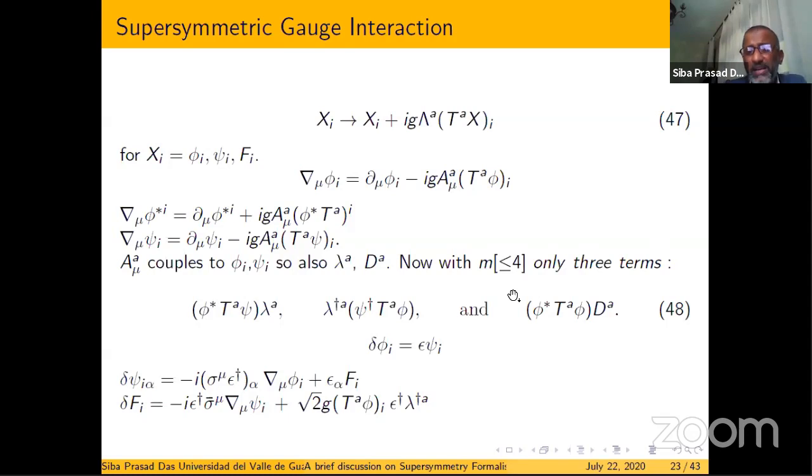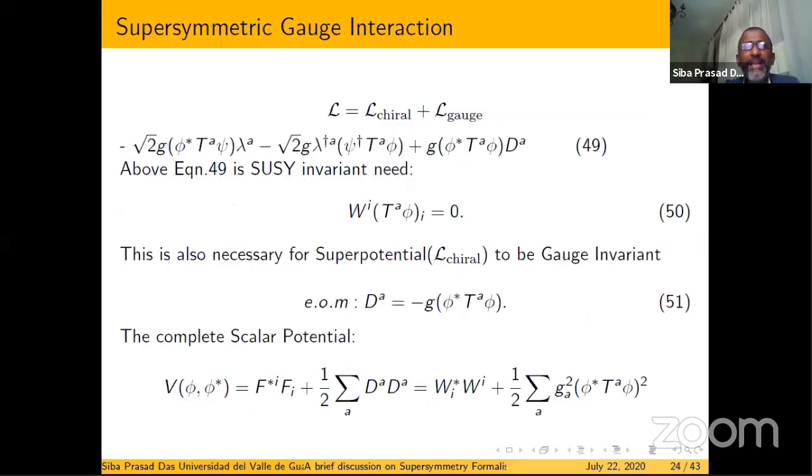So now you add this corresponding gauge interaction to your Lagrangian, and then you make a supersymmetry variation again, and then you get the full chiral Lagrangian, which we discussed before, and then the gauge one, and these are the corresponding 3 terms that you get from the maximal possible gaugino and gauge particle interaction terms with the chiral field.